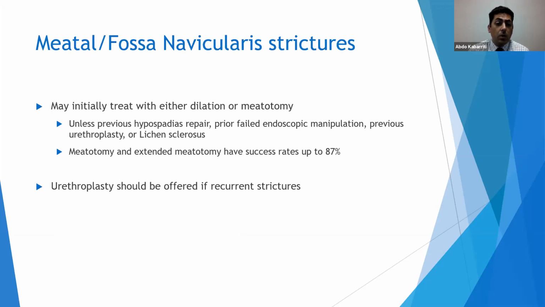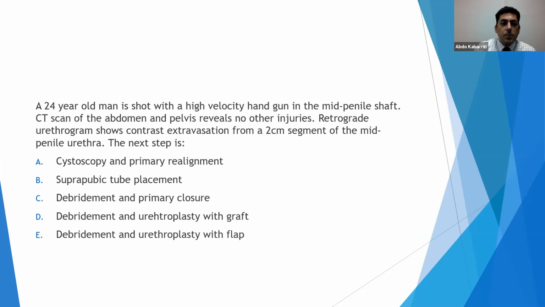One can do a meatotomy or an extended meatotomy, and these can be very successful with success rates up to 87%. Now, if there's a recurrent stricture, a urethroplasty should be offered. So this should simplify management of the meatal and fossa navicularis strictures. Now let's go a little more proximally.